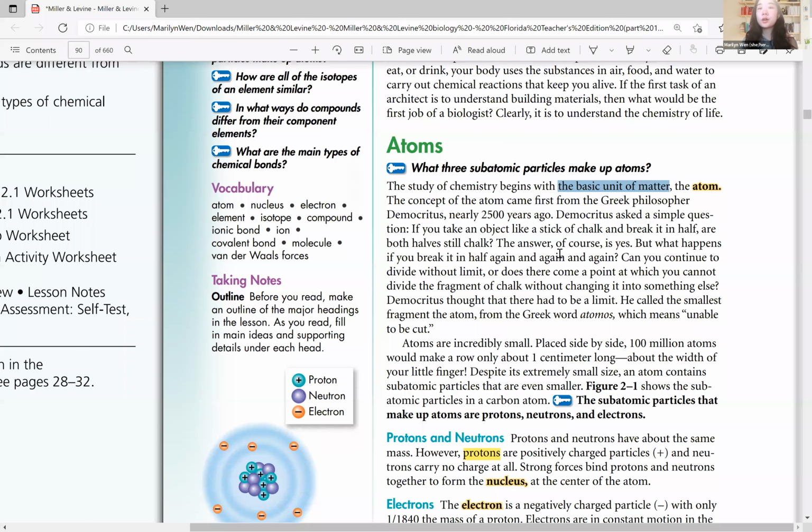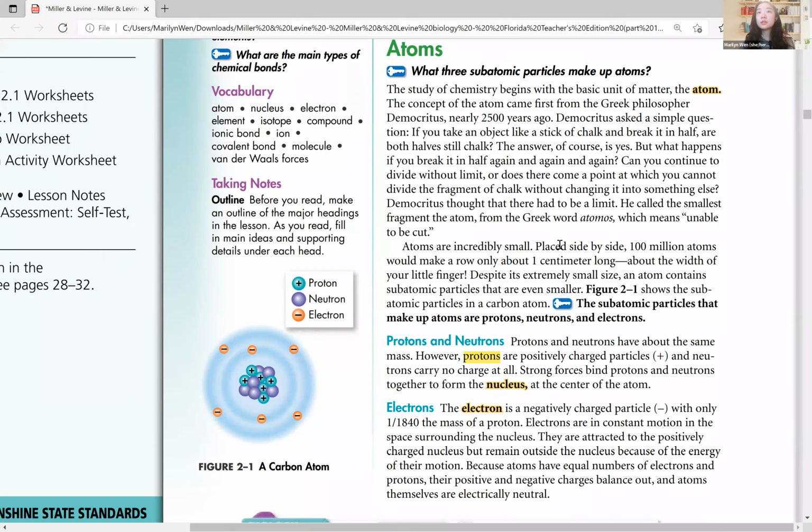Perfect. What's important to know is that first of all, we're introduced to another basic unit of something. It says atoms are the basic unit of matter. Do you remember the last basic unit that we were introduced to? We said something is the basic unit of something.